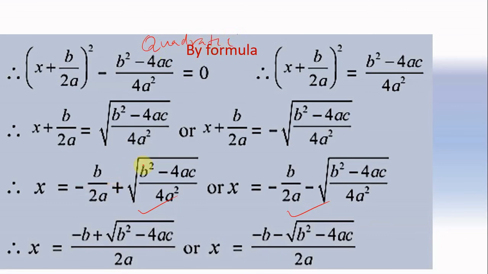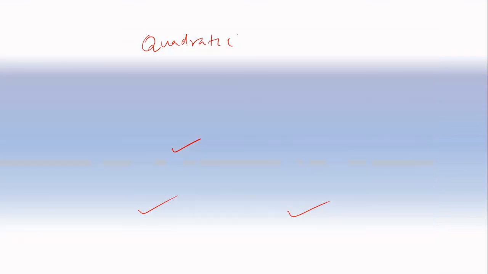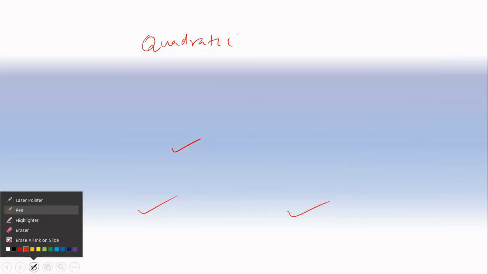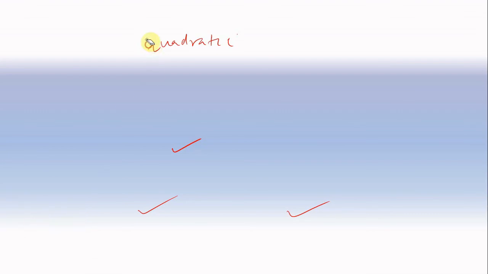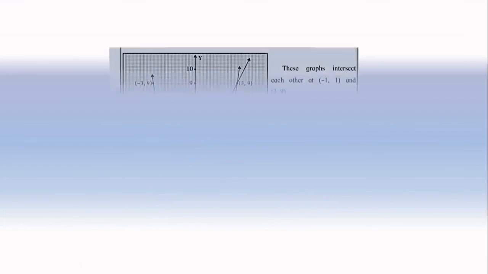And we also found that if you find b square minus 4ac, the answer you get decides the nature of the quadratic equation, my dear students. So it helped us to understand a lot about the natures of different equations. We also found this kind of situation arises. Graphical method also we found.